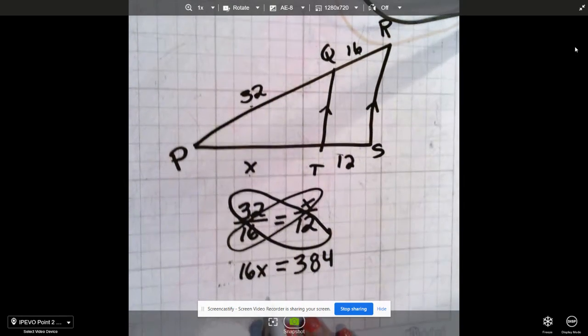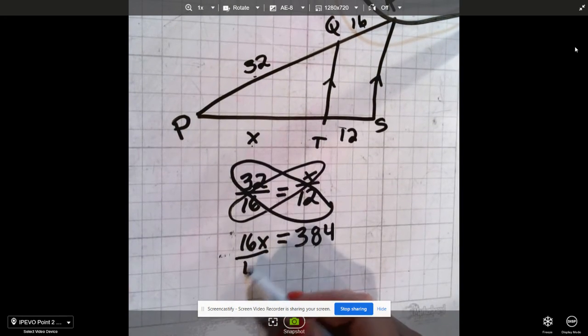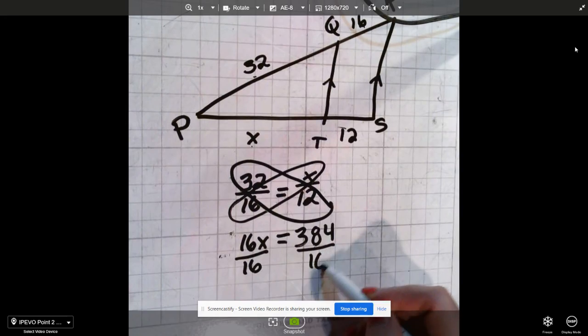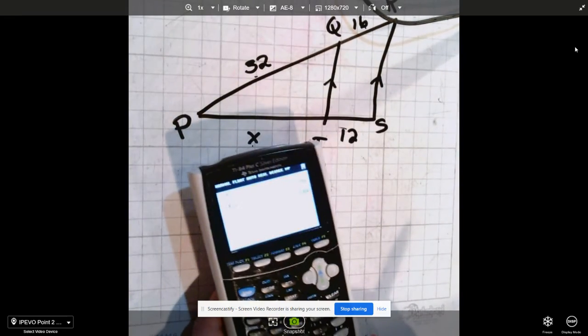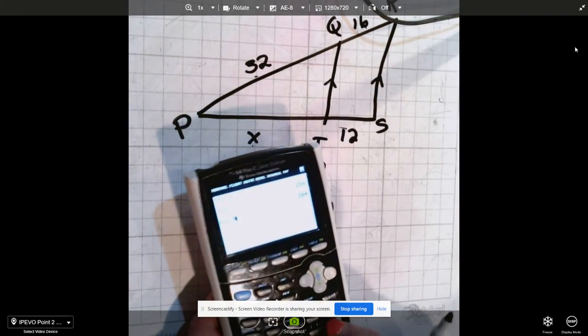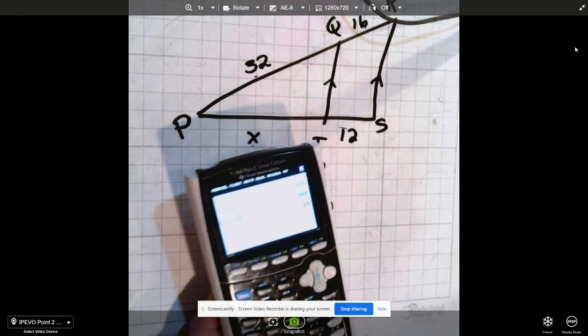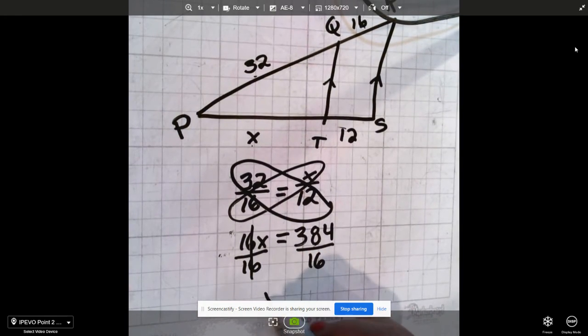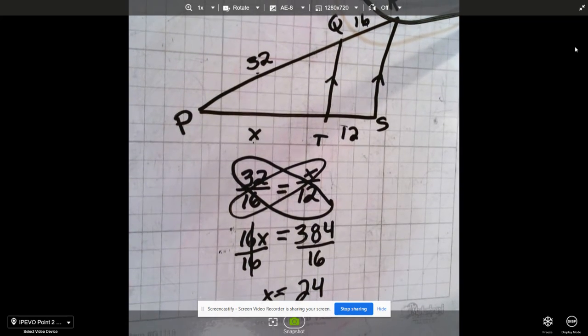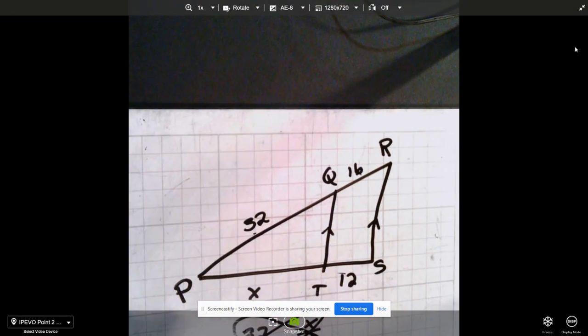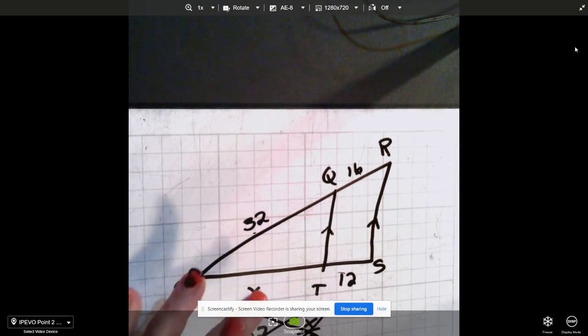And now in order to solve for X, you're going to divide both sides by 16. So you're going to take 384 divided by 16, and you're going to get X equals 24. So that is how you can use this proportionality theorem in order to solve a variable, so to find X.